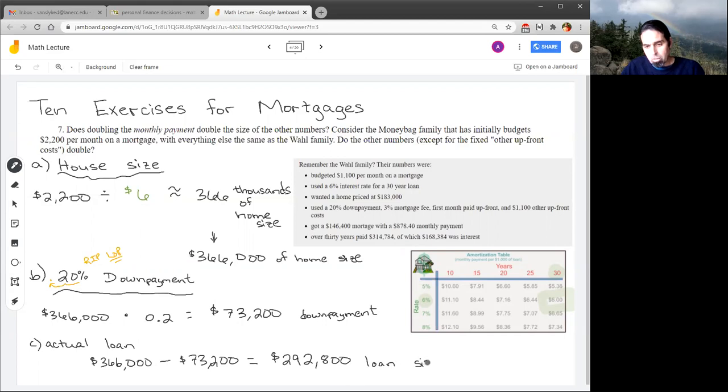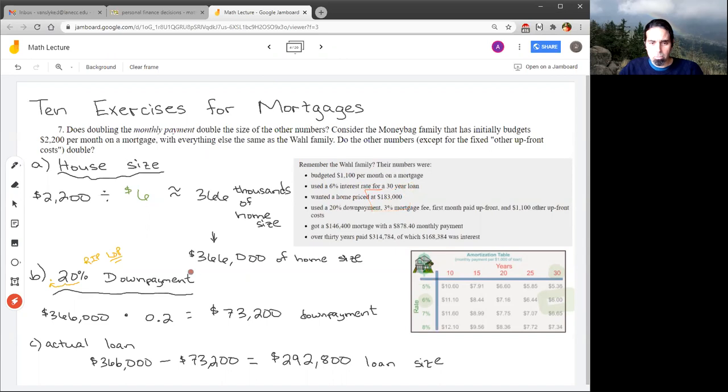So let's compare numbers. We're not done yet, but we're out of room on the slide, so that's a good time to pause. We doubled how much they wanted to spend per month on their house. We didn't change the other parameters of the interest rate or the number of years. Did the size of the home that they wanted double?